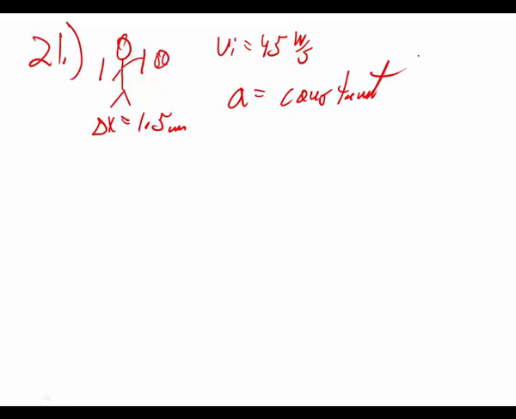Okay. It says, what is the acceleration? Okay, so wait a minute. What acceleration did he give the ball? So acceleration is constant, so therefore we want to know how much he gave it, right? Would this one work?